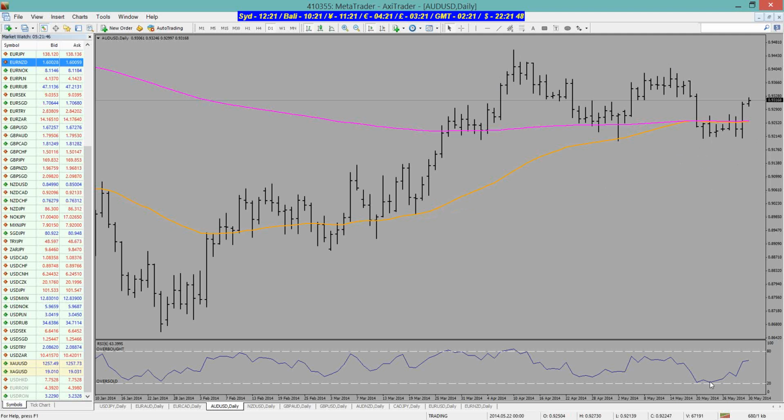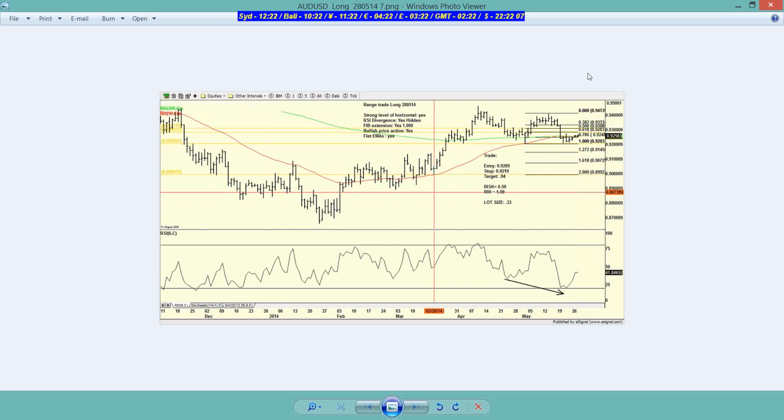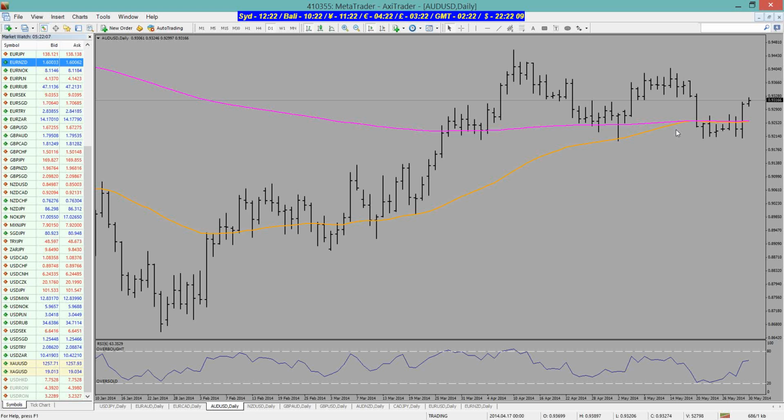There's no Class A across those 3 lows, but after this bar, you certainly do have that RSI divergence, and you're just waiting for bullish price action. So that's a fair call. I wouldn't be trading it, but hey, you're making money and I'm not. Well done.